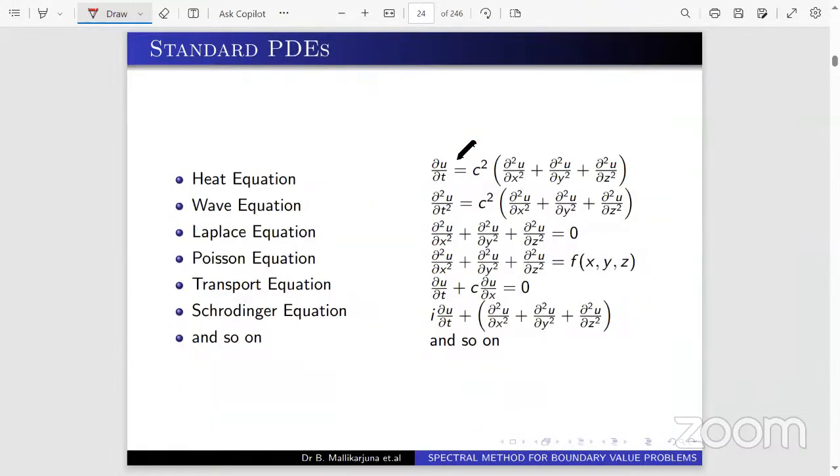Next, with respect to partial differential equations: heat conduction equation, wave equation, Laplace, Poisson equation, transport equations, Schrodinger equation. If we deal with fluid mechanics, there are Bernoulli's equation, Navier-Stokes equations, energy equation, concentration equation.